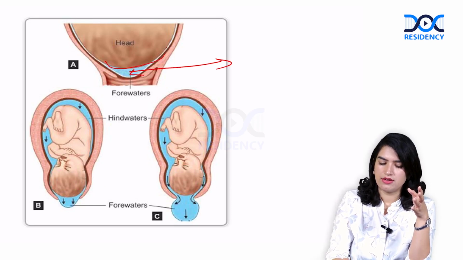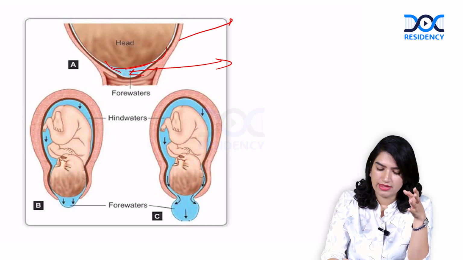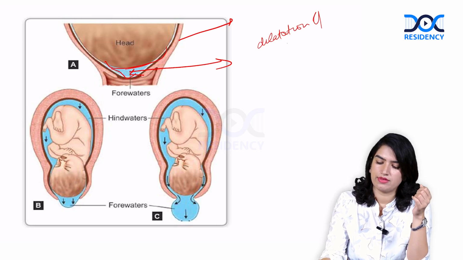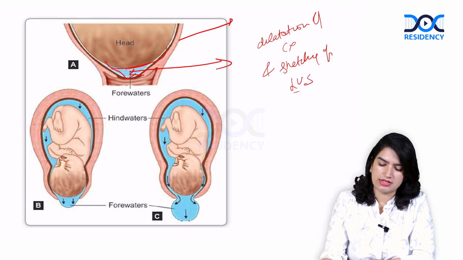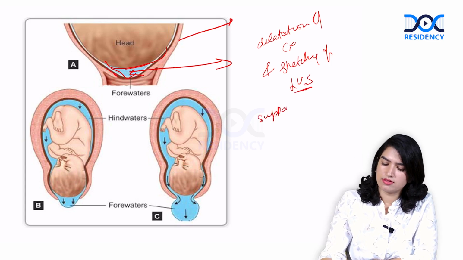So, we have a well apposed presenting part, that is the fetal head, with dilatation of the cervix and with stretching effect of the lower uterine segment. What happens? The support to the fetal membranes is gone.